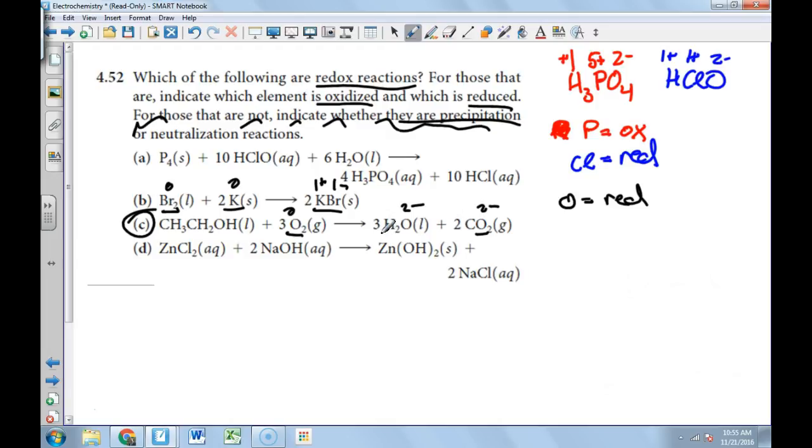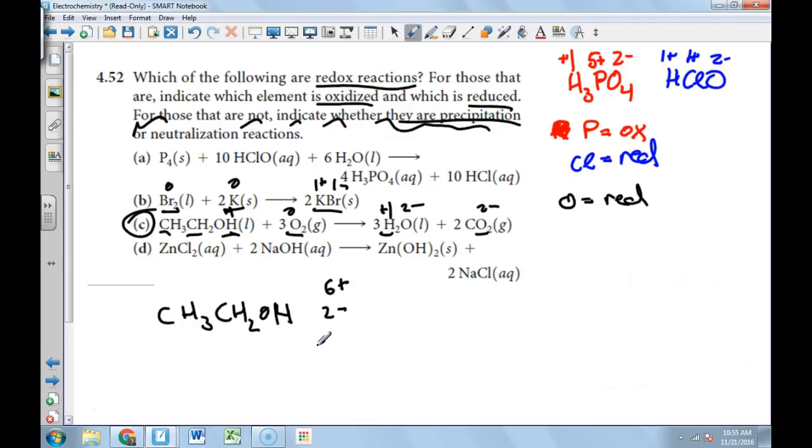Now hydrogen doesn't change its oxidation state because it's going to be +1 here, and it's going to be +1 here. So the only other thing that can change oxidation state is carbon. Let's take a look down here. CH3CH2OH. If hydrogen is +1, there's 6 hydrogens, so that's 6 plus from hydrogen and 2 minus from oxygen.